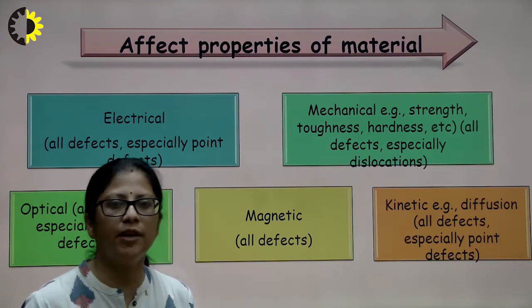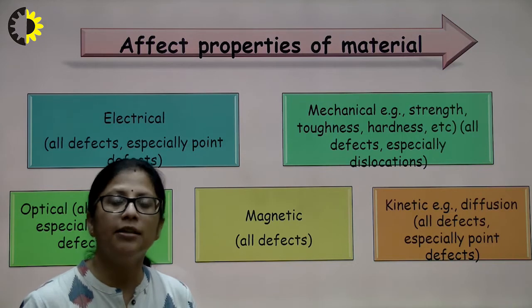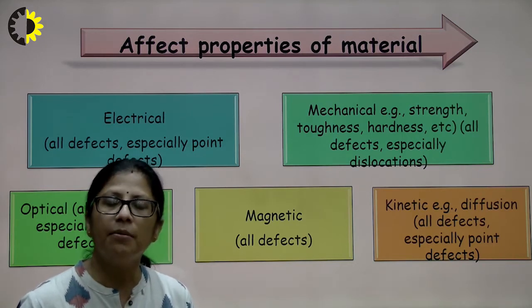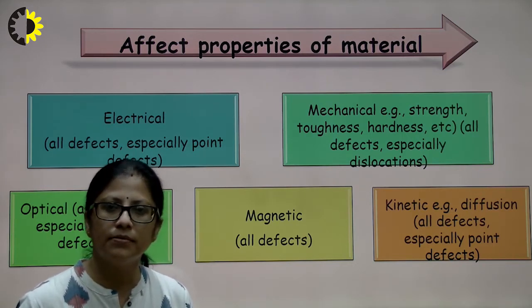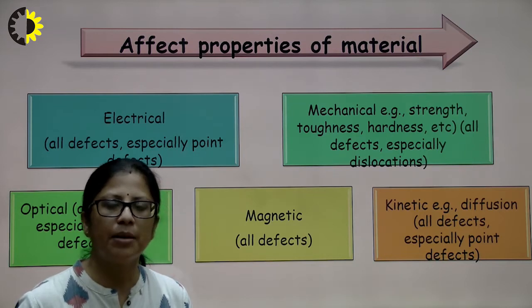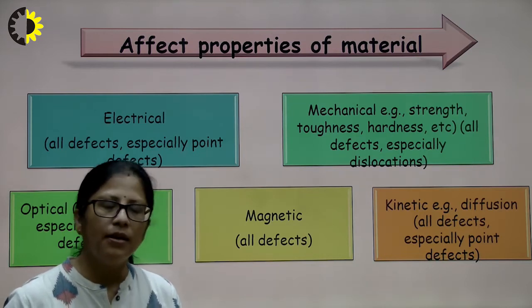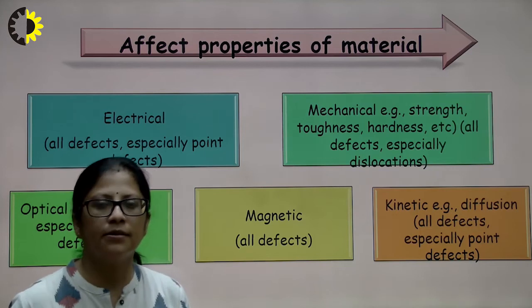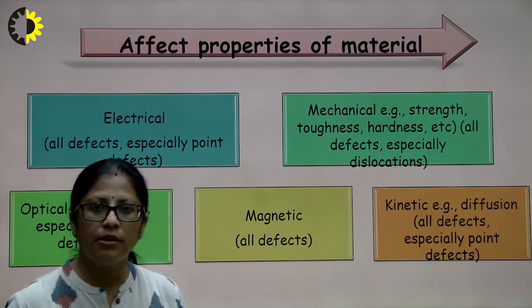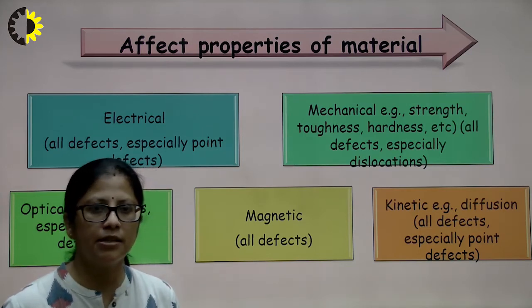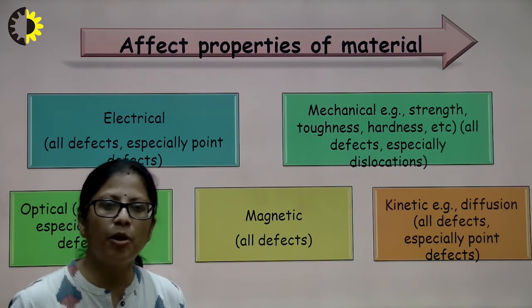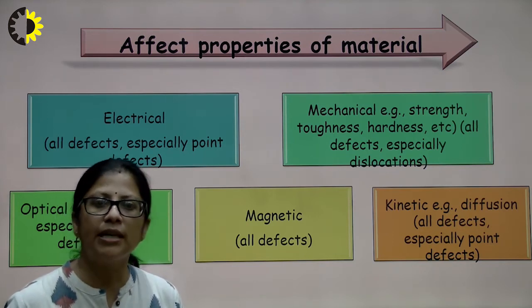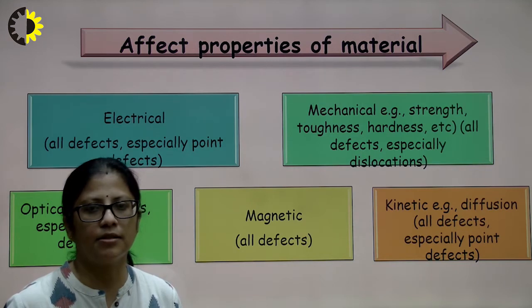All defects affect the electrical properties, especially the point defects. Then mechanical strength is affected by the defects. Then the optical properties change, magnetic properties are affected, and kinetic properties of the metal also get affected by these defects.